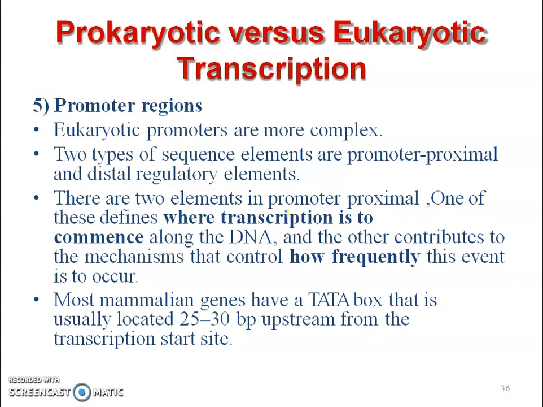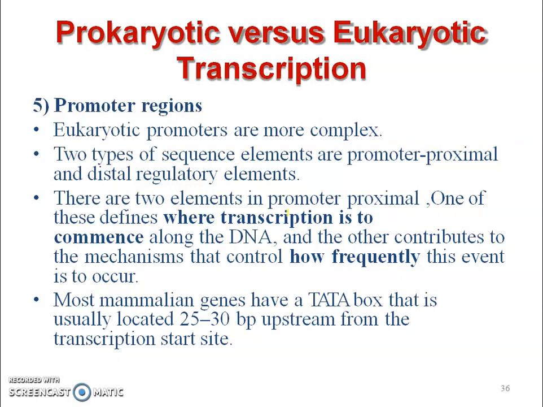Eukaryotic promoters are more complex, obviously, and two types of sequence elements are promoter proximal and distal regulatory. There are two elements in the promoter proximal. One defines where transcription is to commence along the DNA, and the other contributes the mechanism that controls how frequently this event is to occur.